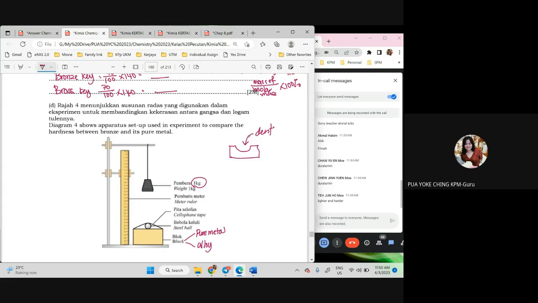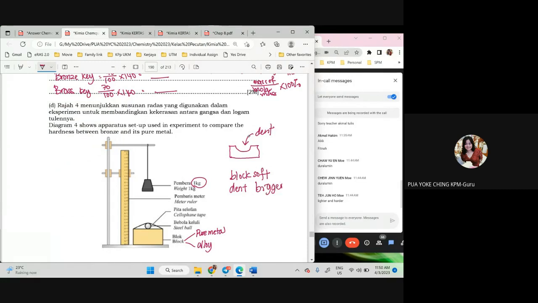So, kalau block is soft, kalau block ini lembut, dent ini akan jadi besar. Why I write besar? It should be written bigger. Okay, it's bigger than.